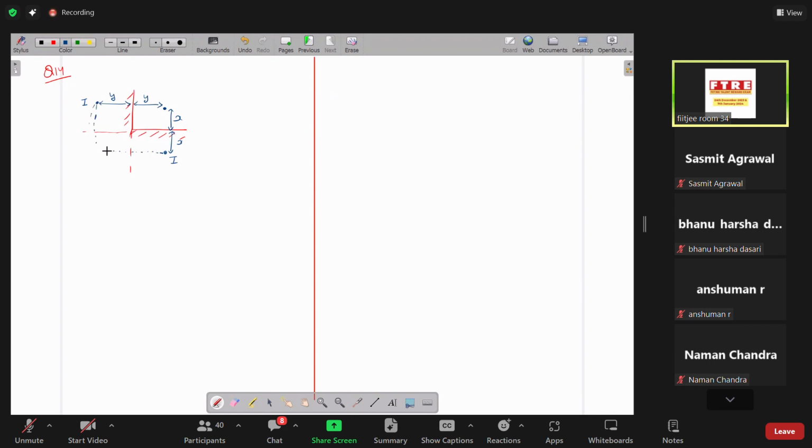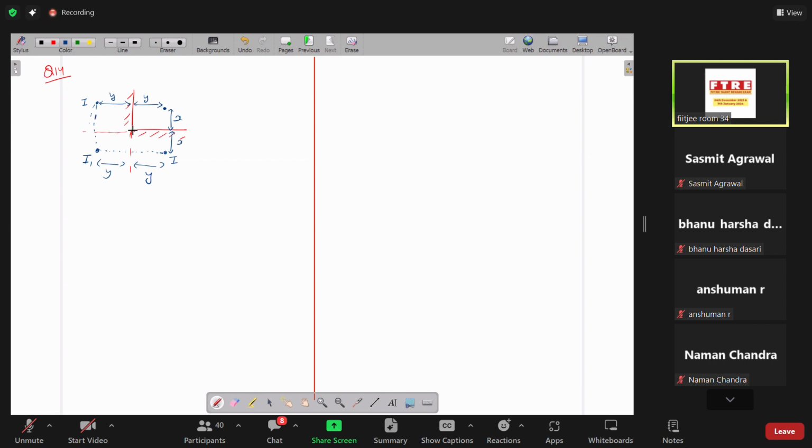That means these images will act as a second object for the alternate mirror, and because of which this third image will be formed. Okay, this new image will be formed. Clearly, this distance is y, this distance will be y, this is x, and this distance will be x.